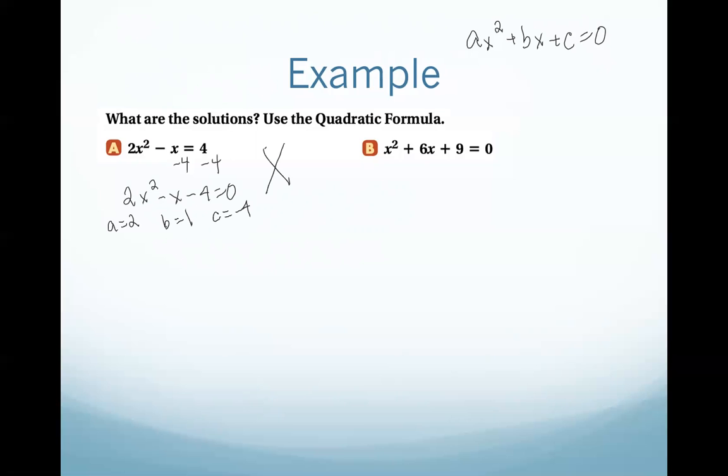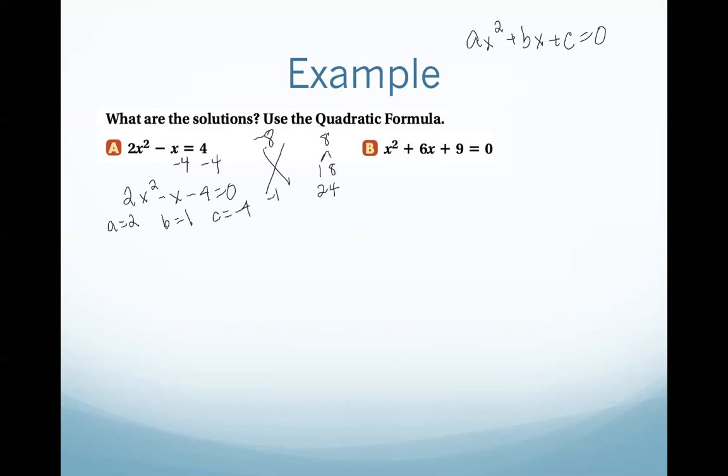2 times negative 4 is negative 8. My b value is negative 1. Can you think of two numbers that multiply to negative 8 and subtract to negative 1? Well, 8 is 1 and 8, 2 and 4, that's it. So it's not factorable. I can't use the square root property. I could complete the square, but we just saw that if we complete the square, that's equivalent to using the quadratic formula.